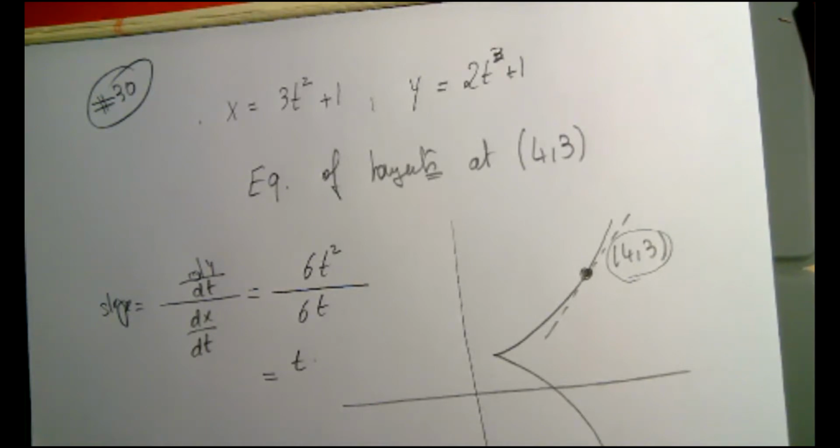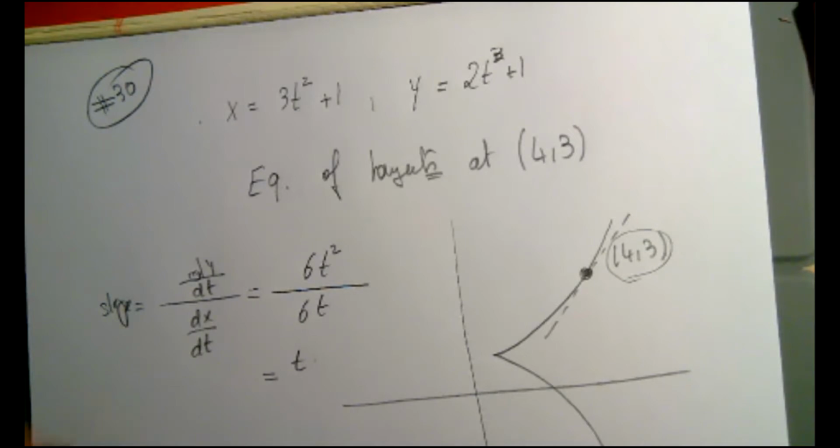I did, and I got t, because the derivative depends on t, but I want the slope at a very specific point. Plug 4 in for x and solve for t. Okay, now it's making sense.